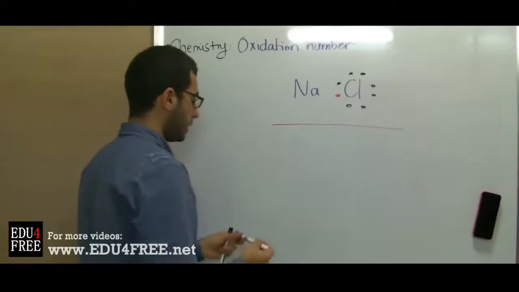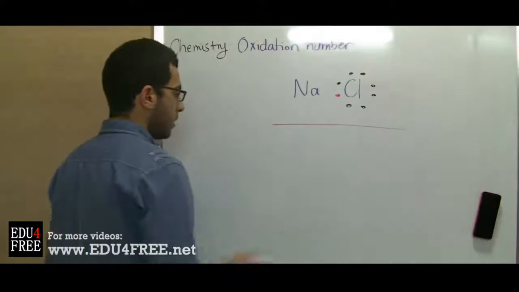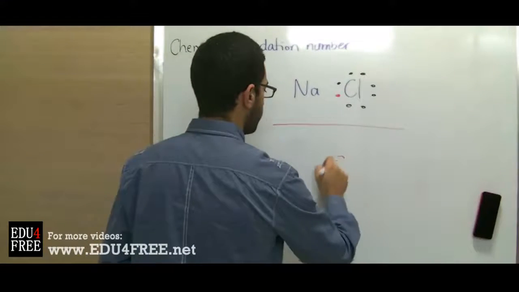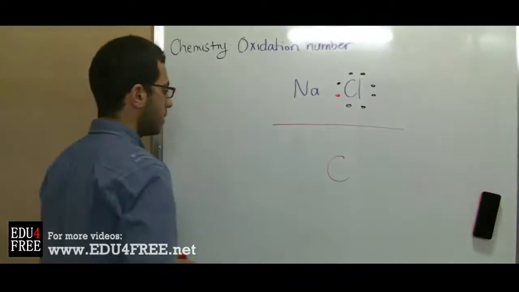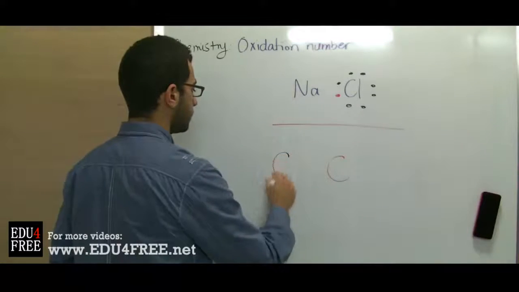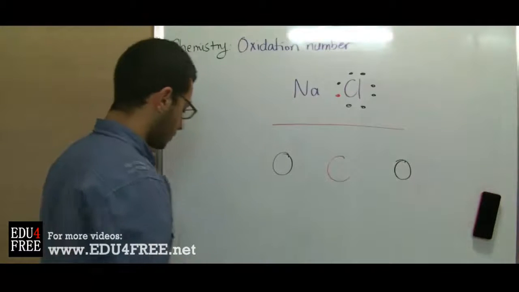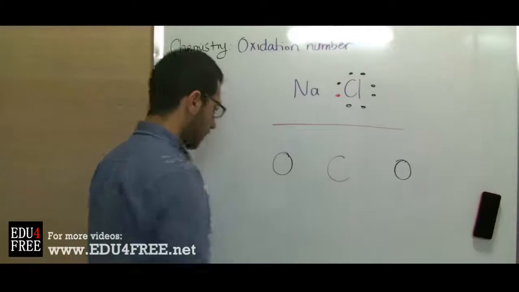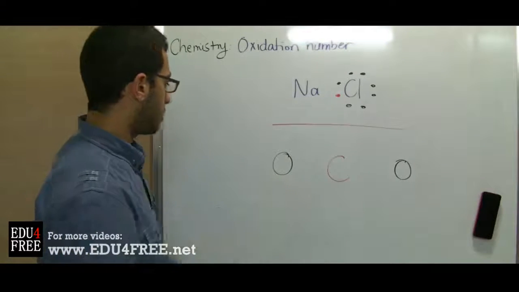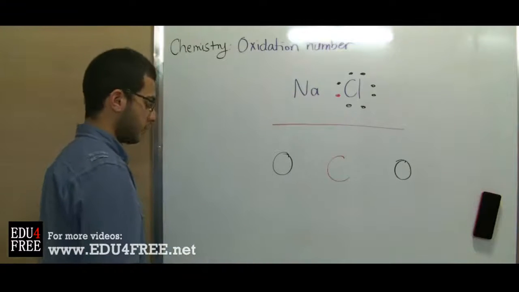For example, in carbon dioxide, we have a carbon atom and 2 oxygen atoms. Now, the electronic configuration of oxygen, it contains 8 electrons.